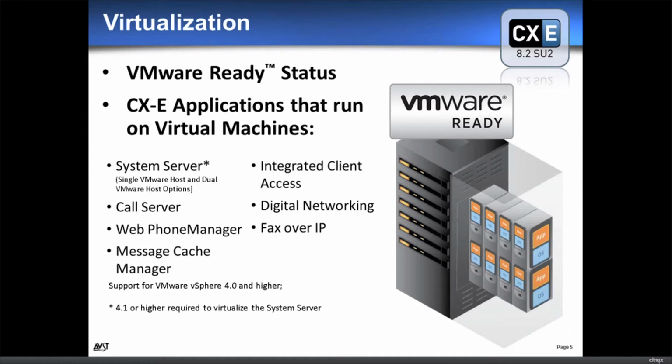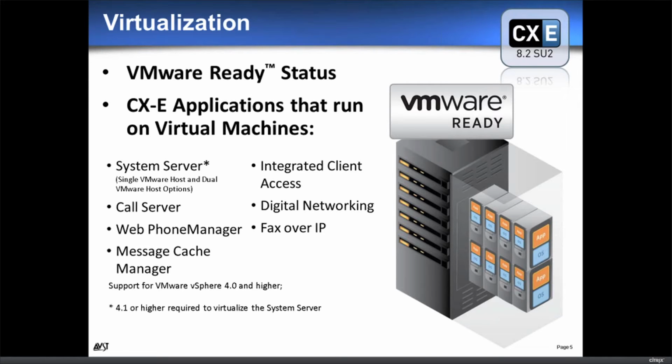As a note, we also now support dual VMware host configurations, which is typically set up and used in conjunction with a storage area network, otherwise known as a SAN. In this scenario, to bring up a secondary or backup host, assuming the production host has crashed, one would have to move the CXE USB security dongle I mentioned a minute ago to the new backup VMware platform.